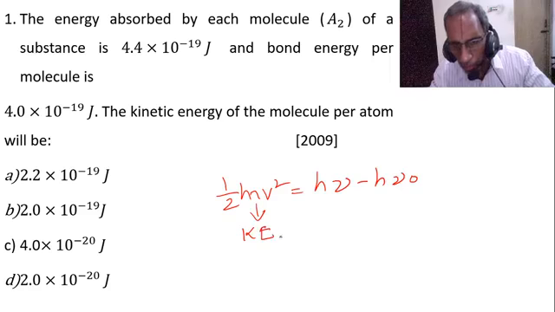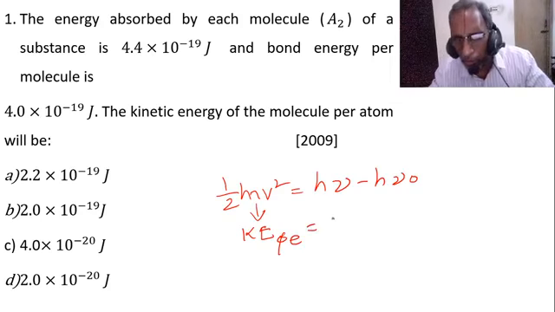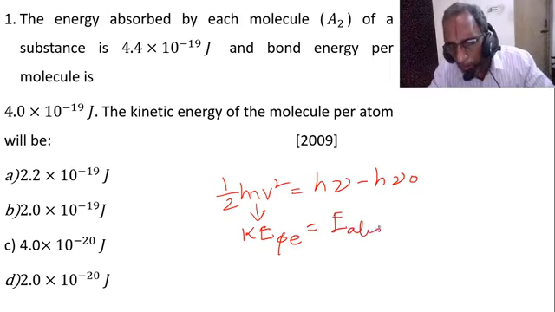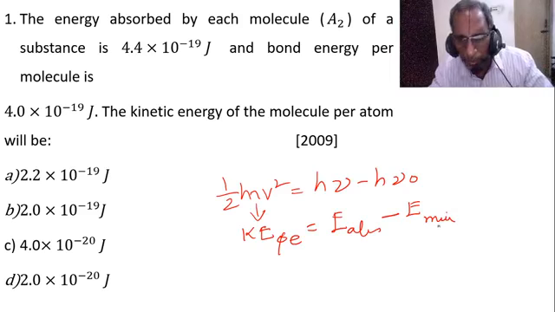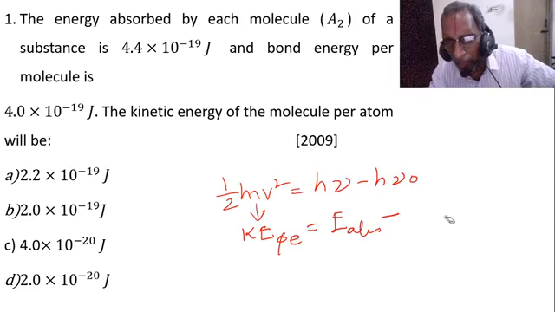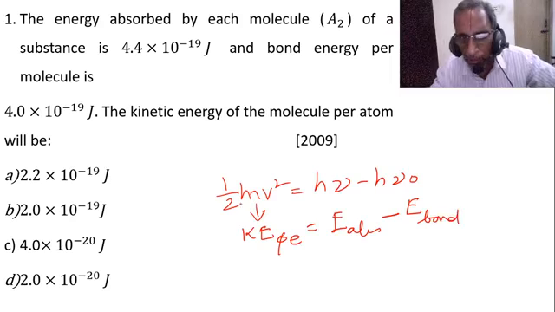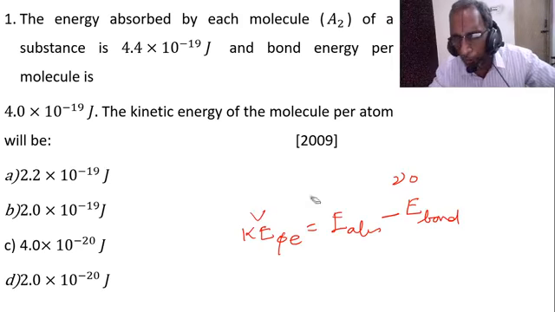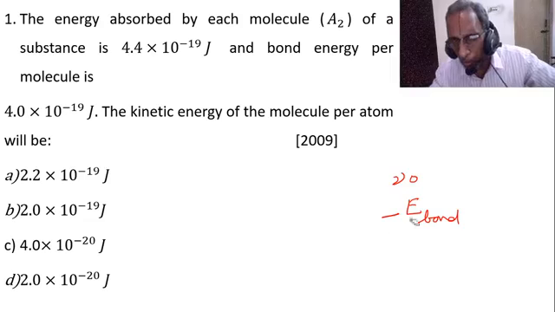The kinetic energy of the photoelectrons is equal to the energy absorbed minus the threshold energy, or bond energy. Here it is bond energy. Here the energy absorbed is the higher value, 4.4 units, whereas the bond energy is only 4 units. So the threshold energy is nothing but the bond energy.